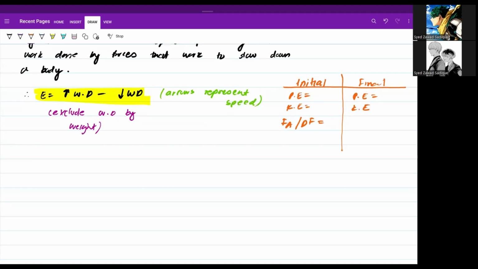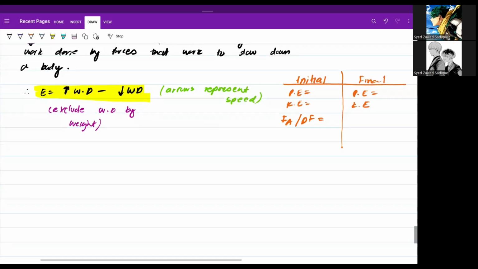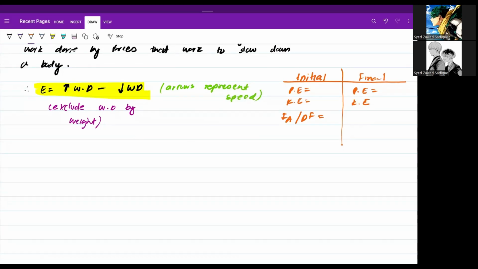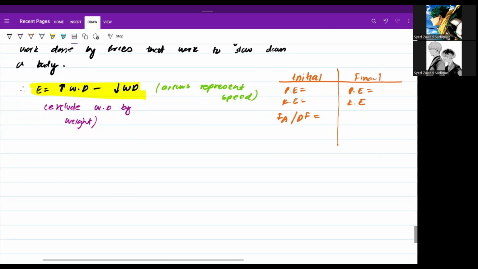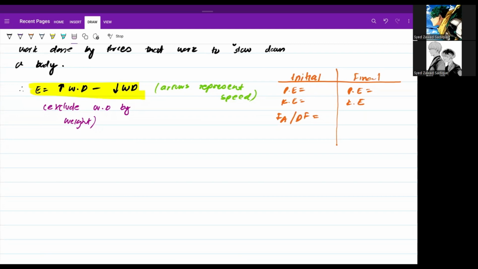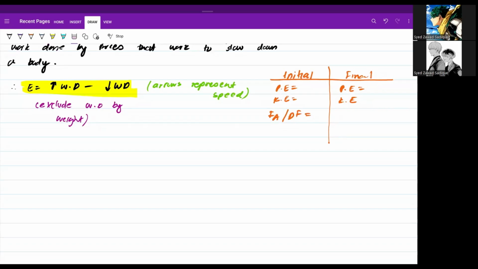And finally, in final, if the surface is rough, it will always have friction.